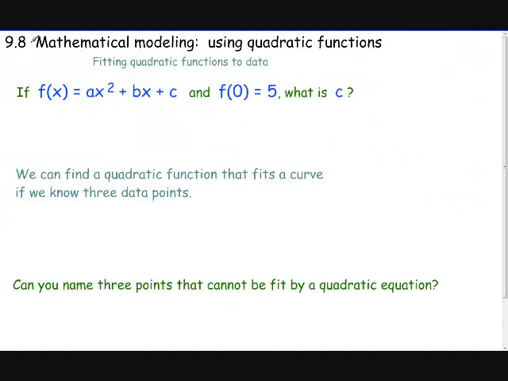We're going to start into mathematical modeling using quadratic functions and fitting a function to data.